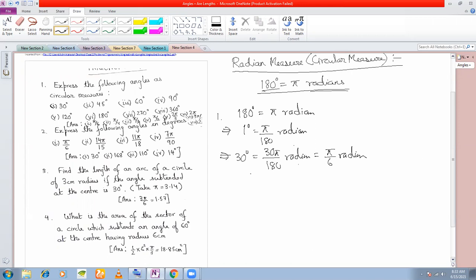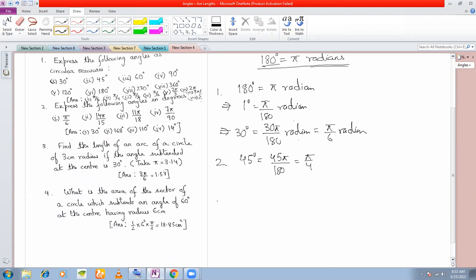Clear? Let's do the same for the second one, 45 degree. Similarly, we write this as 45 pi by 180, which we get pi by 4 radian. Next is 60 degree. 60 degree is 60 pi by 180, which is pi by 3.